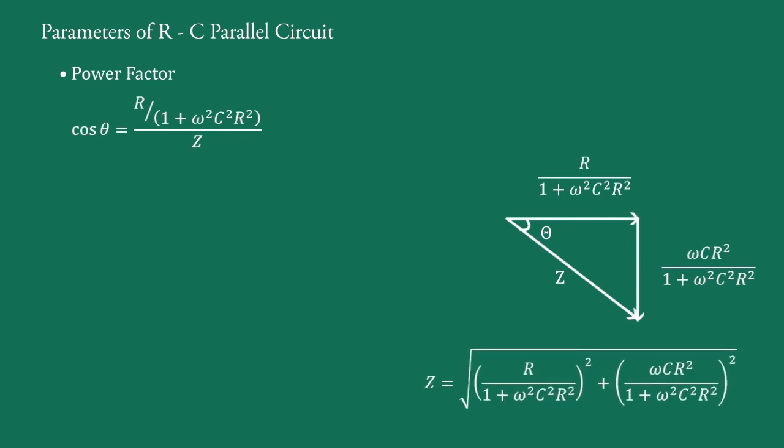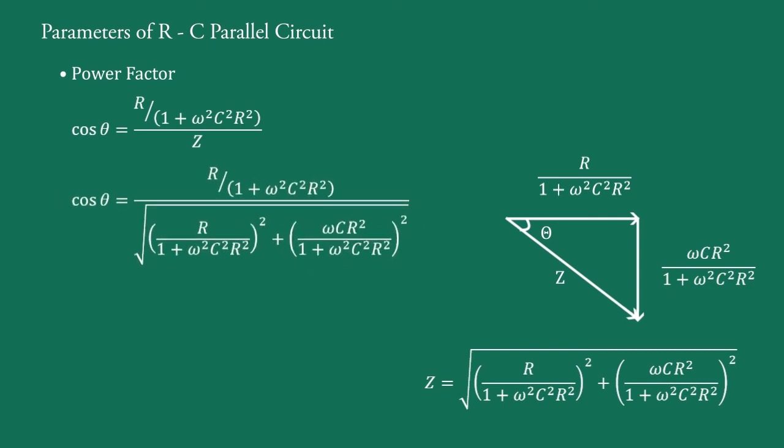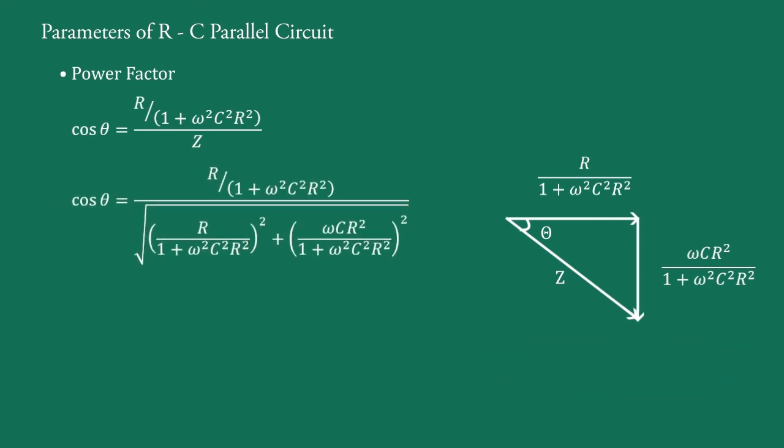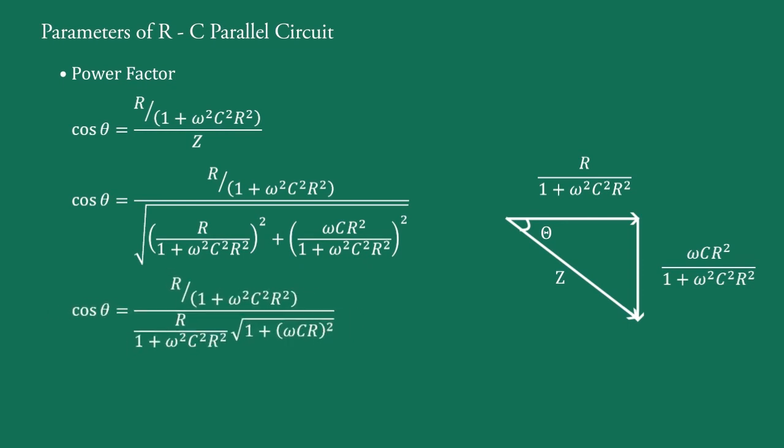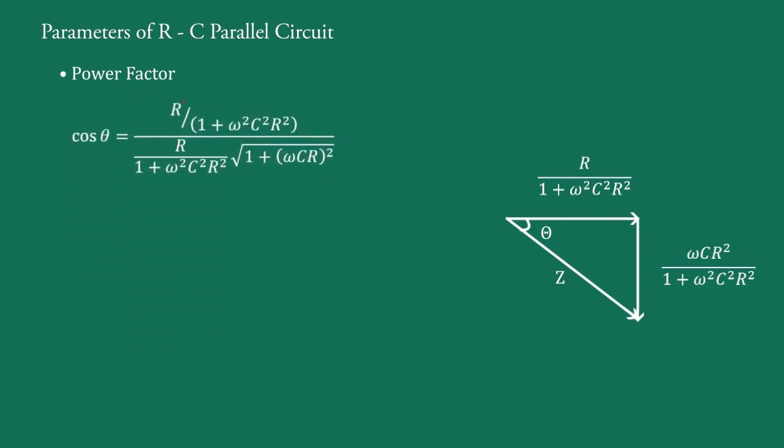Substituting this value in this equation, we get cos theta equal to this one. Taking R upon 1 plus omega square C square R square common from denominator, cos theta becomes like that. This R cancelled with this R, and this bracket part is cancelled with this one, and therefore cos theta equal to 1 upon under root 1 plus bracket omega C R square.